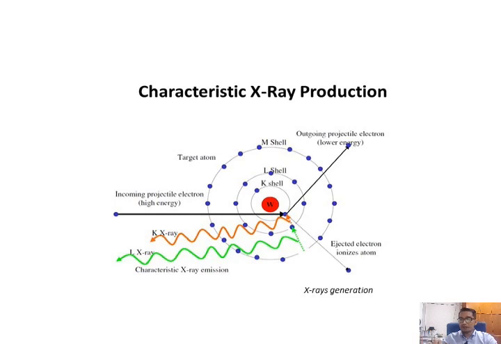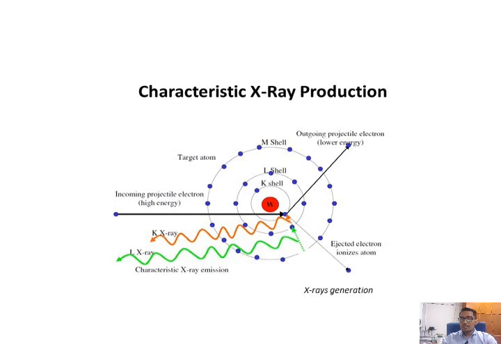As the effect of this, it produces, I repeat again, a vacancy. This vacancy will be filled by an electron from the outer shell, so that it will become stable. As the effect of the jumping process of the electron from the outer to the inner part, there is a production of X-ray, and the production of X-ray could be at the K shell or L shell, and the emission of the X-ray will be named according to the shell that it produces.